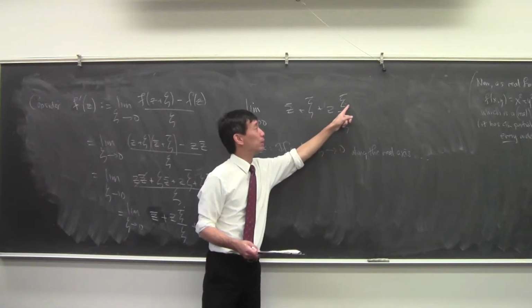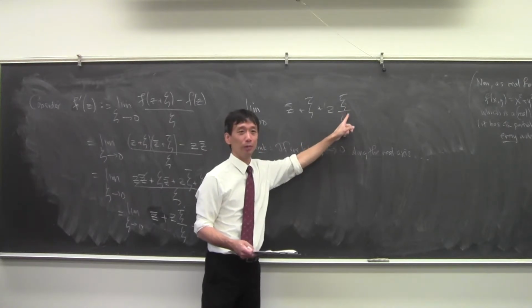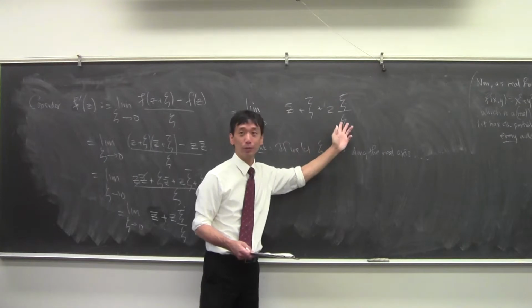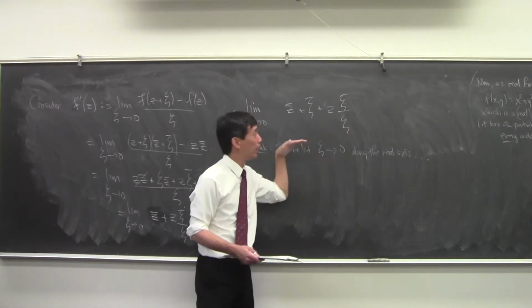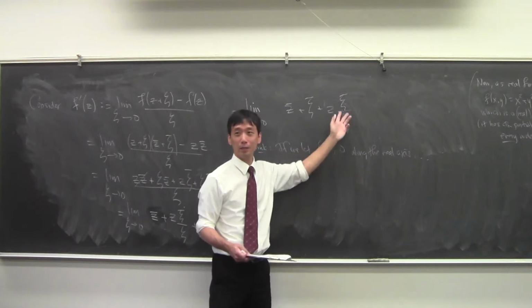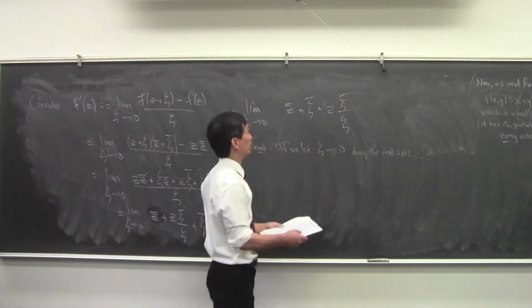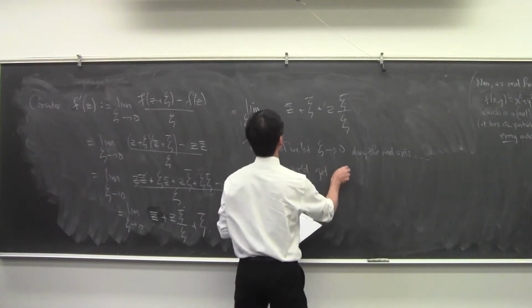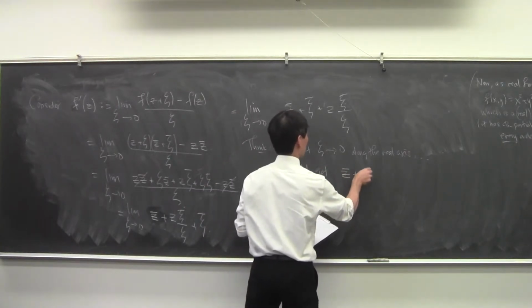Since it's a real number, zeta bar over zeta would just be 1, because zeta bar would be equal to zeta. Along the real line, the conjugate is the same thing as the number. So we would get z bar plus z.